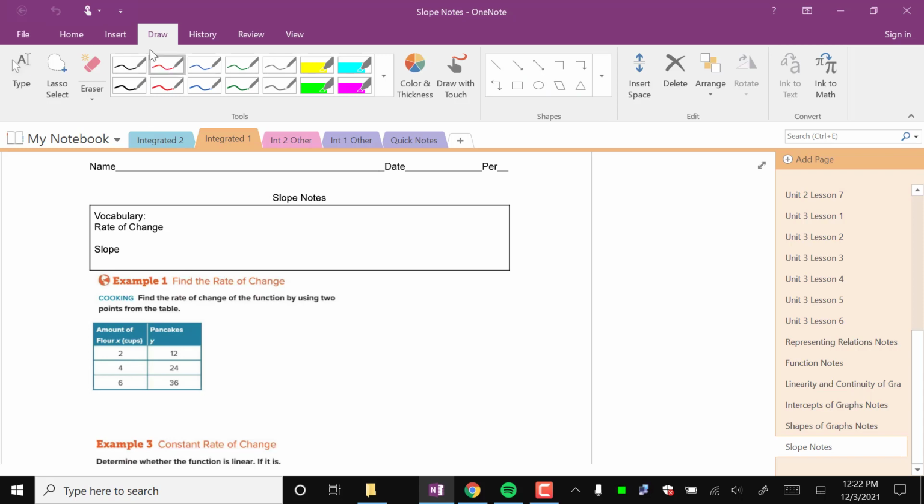Let's take a look at the first example. We want to find the rate of change. To find the rate of change, we're going to do the change in y divided by the change in x.